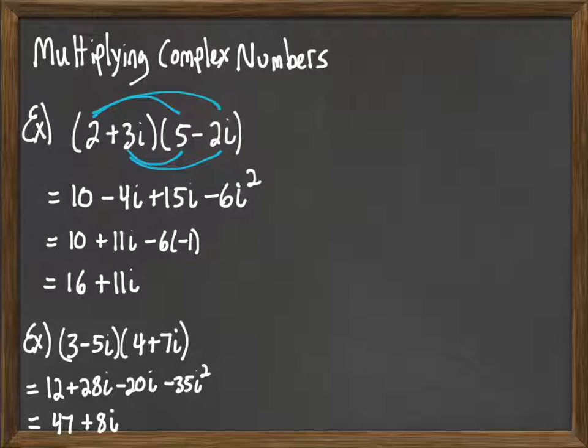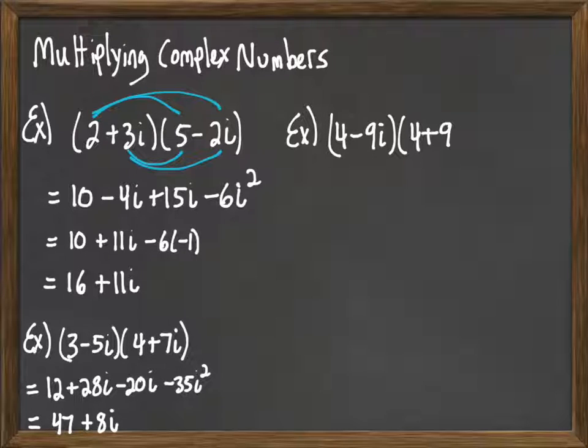We're going to finish with one last example that shows us something kind of neat. So consider 4 minus 9i times 4 plus 9i. Now you could distribute that out or recognize that the 4 minus 9i and the 4 plus 9i are taking on the form of a difference of squares.